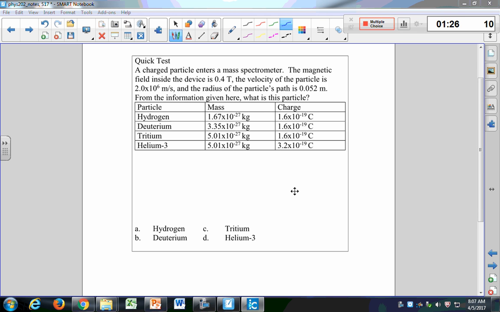Solve for M over Q, with the ratio, and pick out the right one.